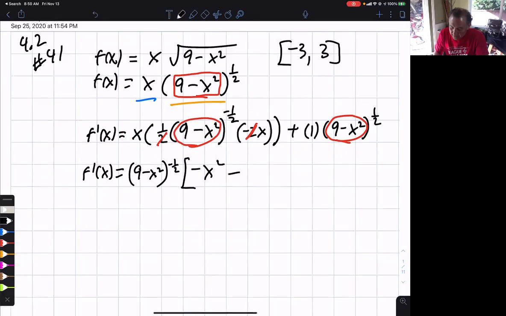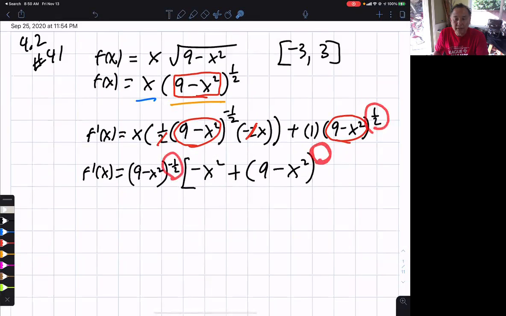On the second one, this is where it gets trickier. I didn't take all the 9 minus x squareds out, so I have some left. How much do I have left? If I started with 1/2 and I took out negative 1/2, what's left? So remember, we are backwards distributing. Factoring is backwards distribution.